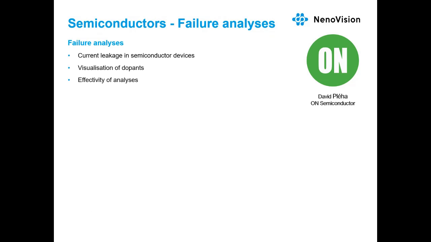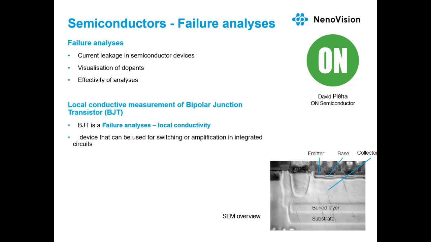In this case, we cooperate with ON Semiconductor, and within the failure analysis, we are focusing on localization of current leakage in semiconductor devices or visualization of dopants. And generally, we are bringing effectivity to the analysis to be able to do it precisely and fast.